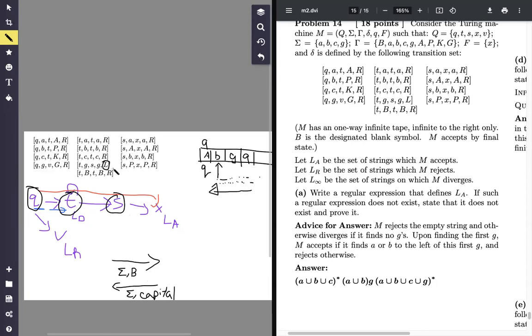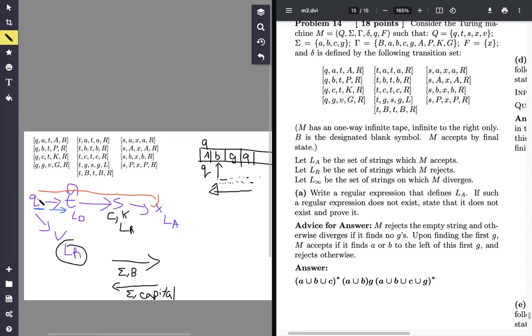We enter state S through a left, which means I have to worry about anything in my alphabet and capital letters, which means state S can reject on a C or a K. And these are part of L rejects. V always rejects, right? No matter how I get to V, there's nothing else to do. It fails on everything.